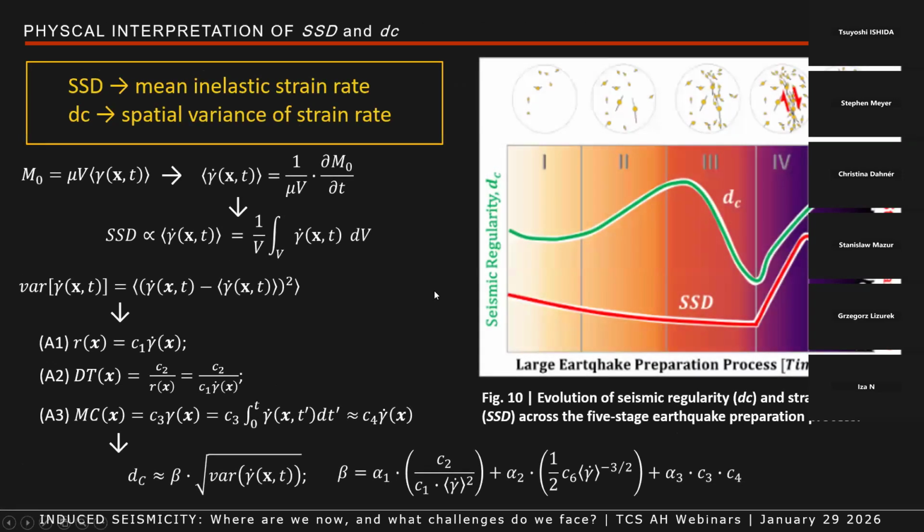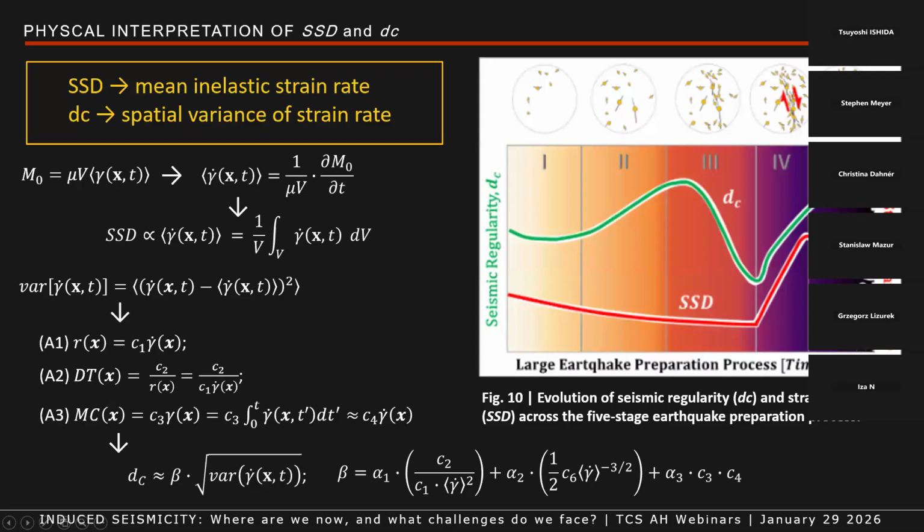Later we also proved that these two parameters can be related to inelastic strain rate, and based on three assumptions which are widely accepted in seismology and also confirmed by other studies, we can arrive at the conclusion that DC represents the function of spatial variance of mean inelastic strain rate.